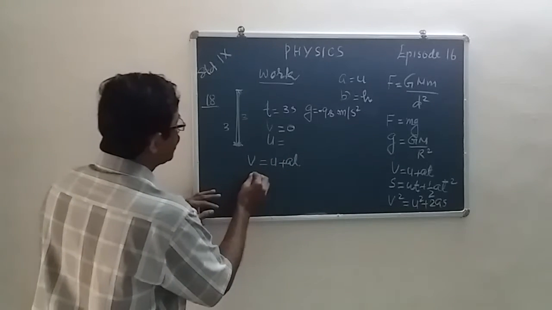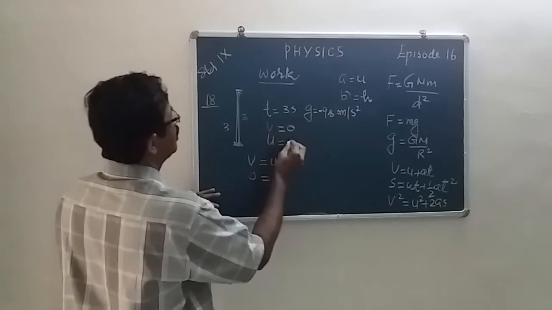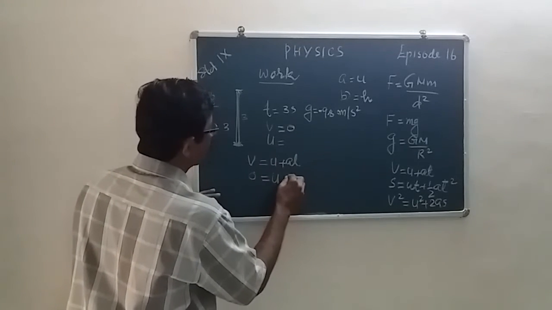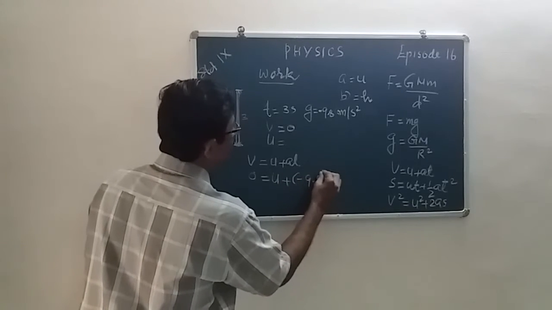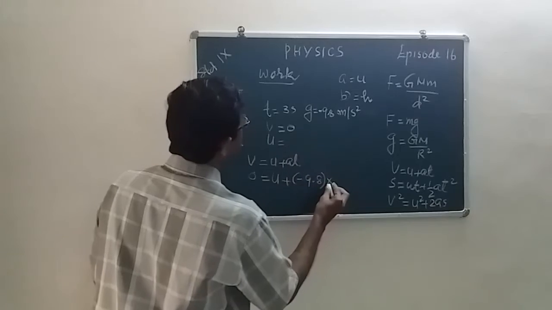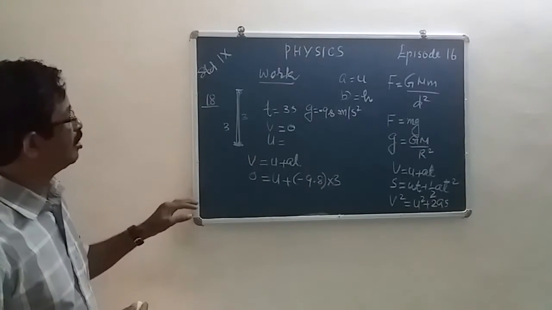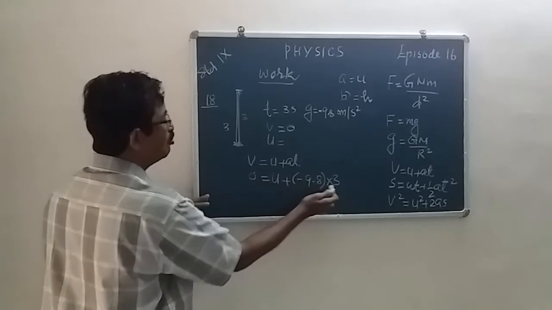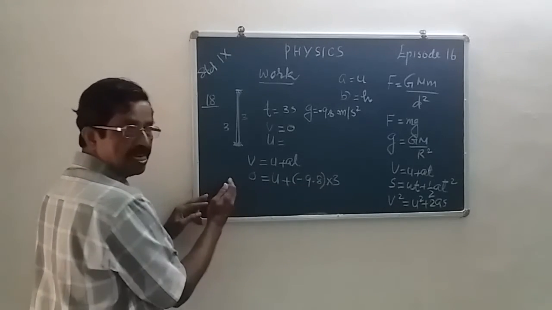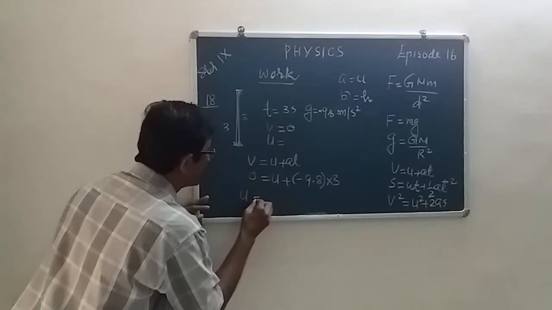See, v is 0, u is what we don't know, plus a, which is minus 9.8, into t. t is 3. Now we can bring this minus quantity to this side and it will become plus. Then u will remain.